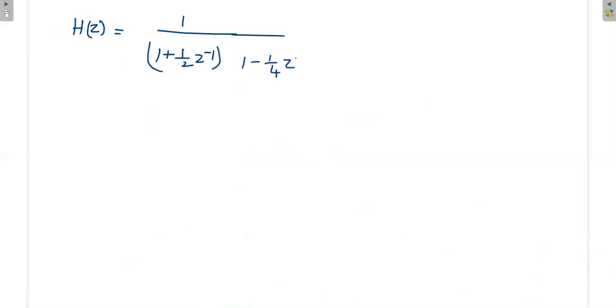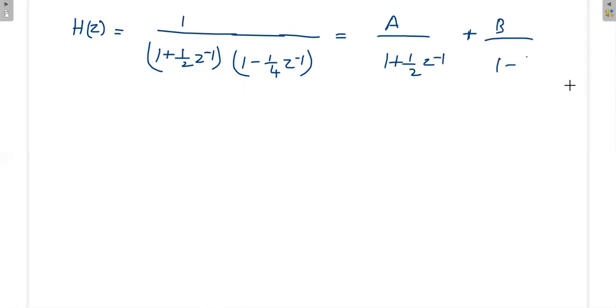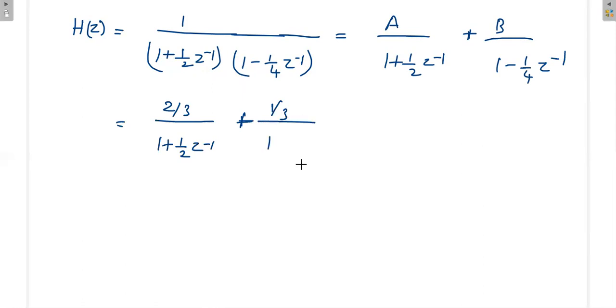So h of z is equal to 1 by (1 plus 2 z inverse)(1 minus 4 z inverse). We know the partial fraction: A by 1 plus 1 by 2 z inverse, then B by 1 minus 1 by 4 z inverse. Just apply the partial fraction. I'm writing the result directly. The A value is 2 by 3 over 1 plus 1 by 2 z inverse. The B value is 1 by 3 over 1 minus 4 z inverse.